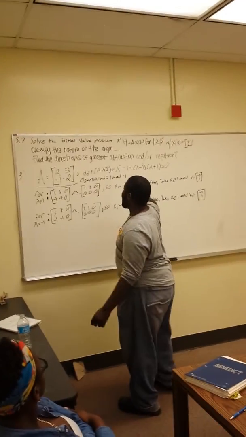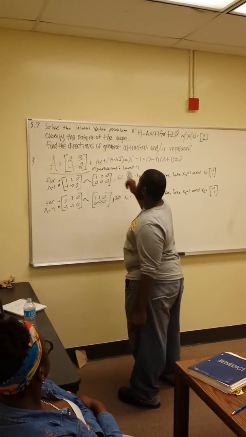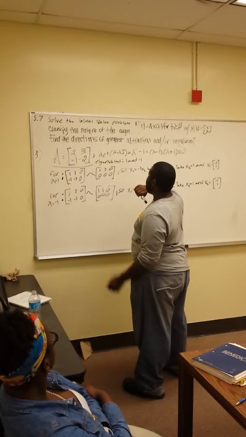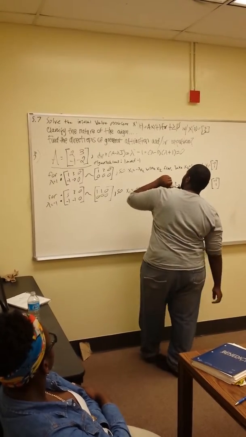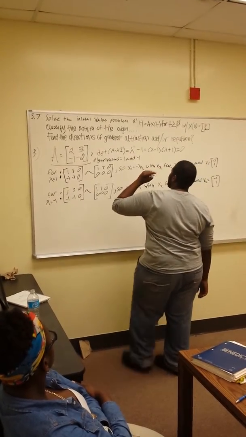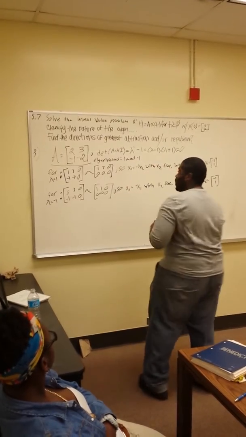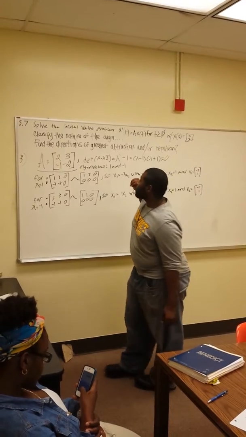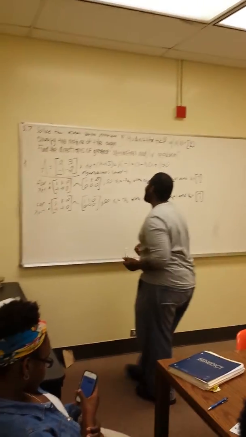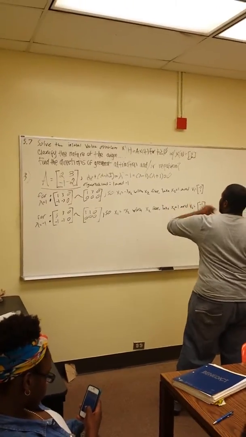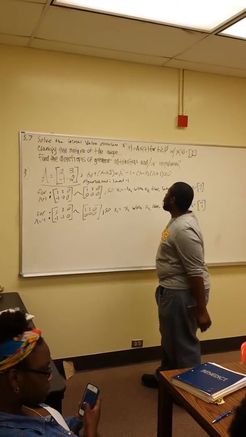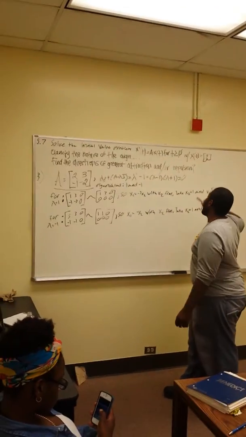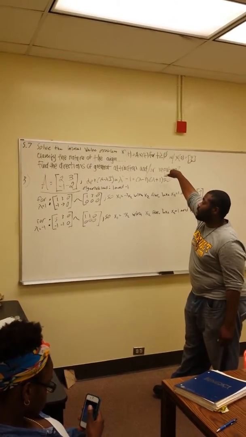We're solving with eigenvalues 1 and -1. Determinant of A minus lambda I equals lambda squared minus 1, which is equal to lambda minus 1 times lambda plus 1 equals 0.